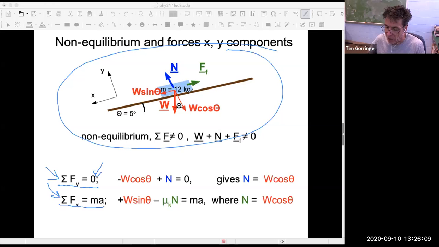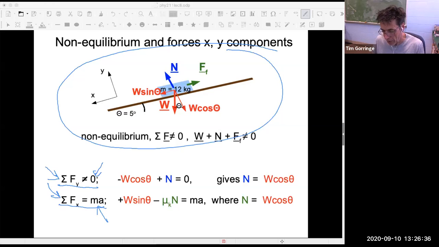That means there's a balance of the forces in the y direction. On the other hand, in the x direction, that block does accelerate down the incline, so there is no balance in the x direction. So what we're really doing here is separating out a portion of equilibrium from a portion of non-equilibrium, so that we get a better perspective view of the problem.